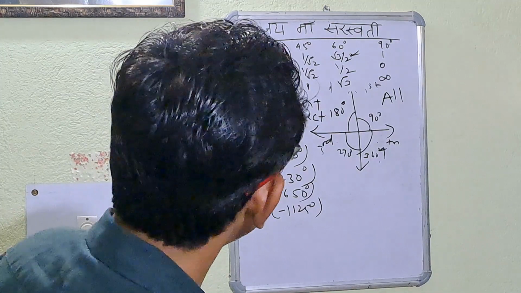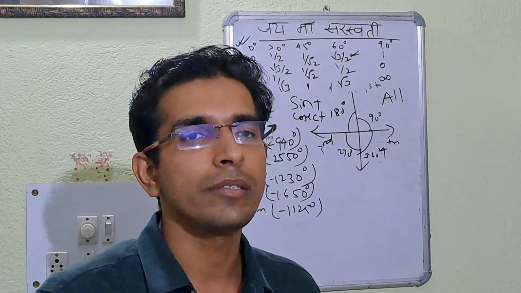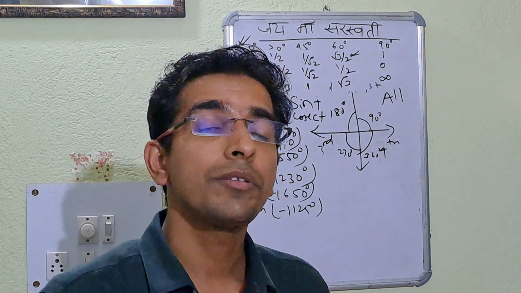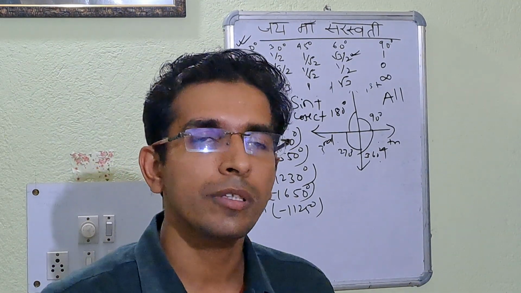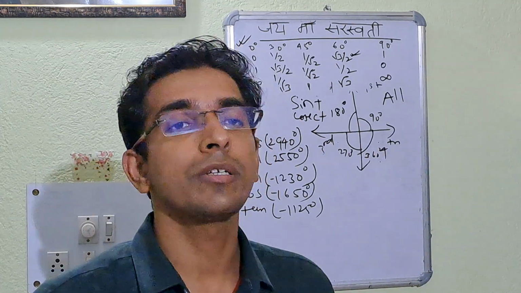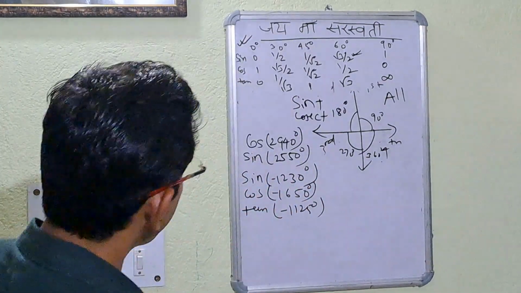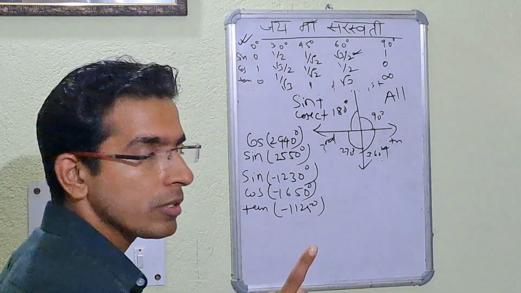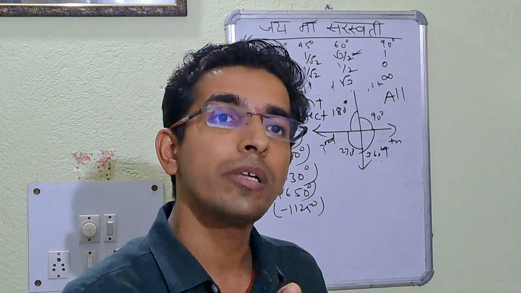Now we will be seeing the other example. Whenever we are getting angles which are greater than 360 degree, in that case, how to proceed further for calculating the respective values of the particular trigonometric angles. First and foremost, the first rule is that we have to divide that particular angle by 360 degree.